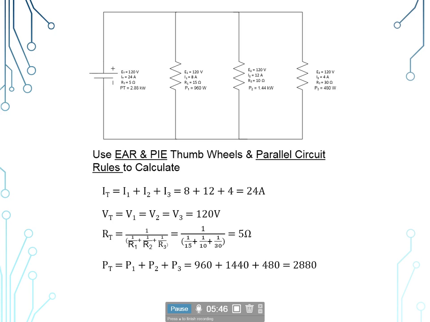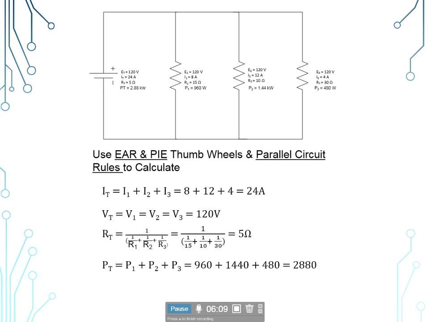And as you notice, it is lower than the 10 ohms, so it meets our circuit rules. Now our power formula, again, doesn't matter what kind of circuit it is, it's always the sum of the power dissipated by the individual components for your total power. So we can say P sub T is equal to P sub 1 plus P sub 2 plus P sub 3.